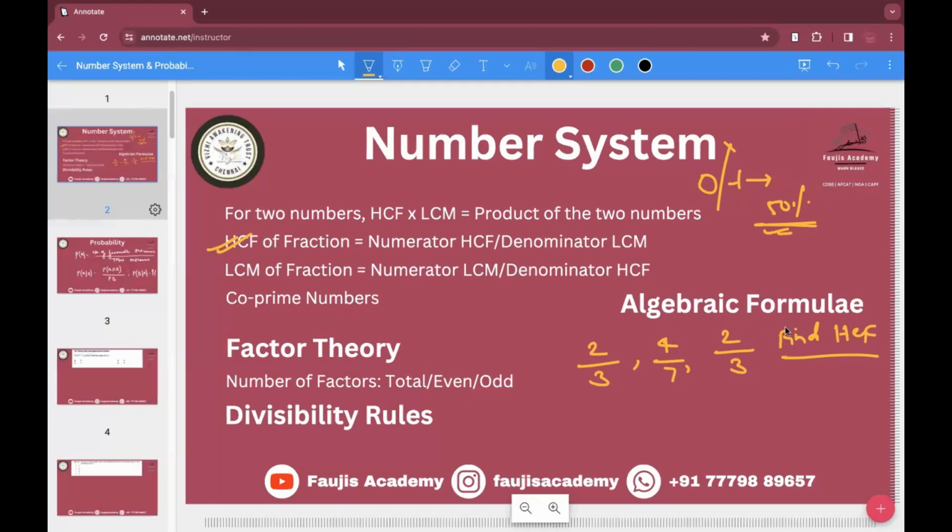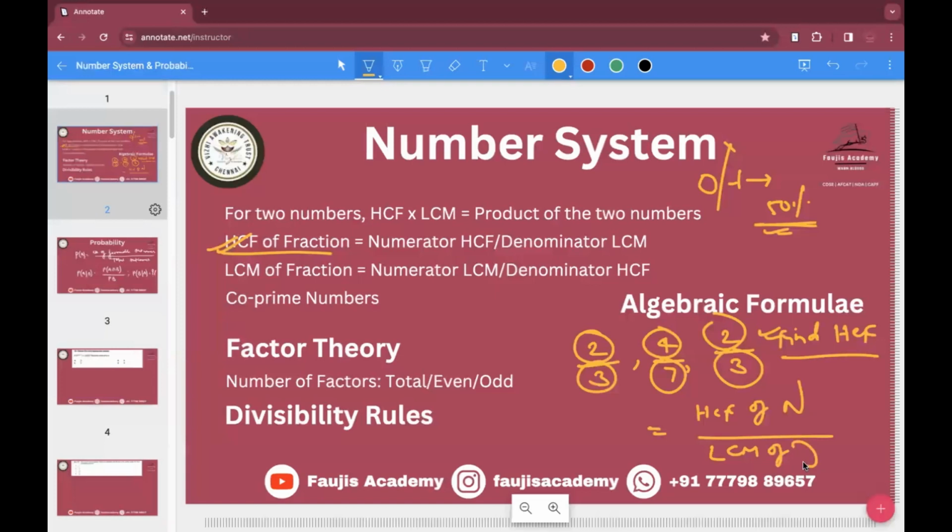So when you have to find out the HCF of a fraction, you will have to deal with the numerators and the denominators. The method is to find the HCF of the numerator, capital N, divided by the LCM of the denominator, capital D. HCF is how much?